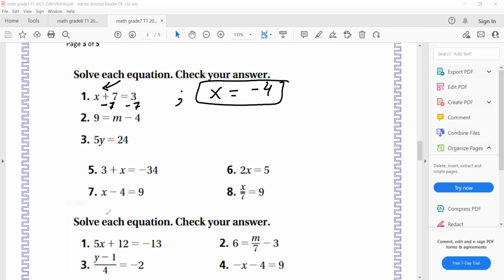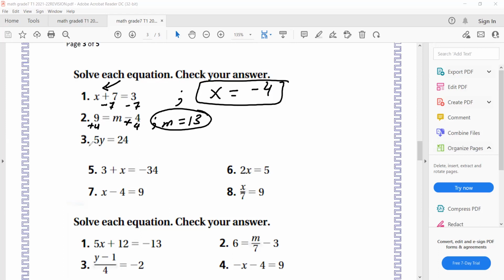Number 9, where is the variable? Left or right? The variable is on the right, yeah? Then minus 4, it will be plus 4, plus 4. Then m equals 13, yeah? 5y equals 24.